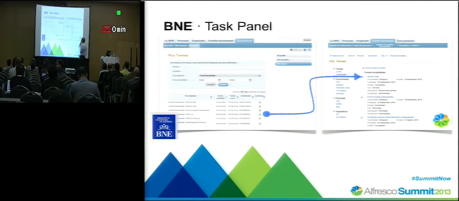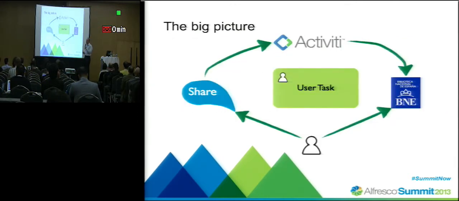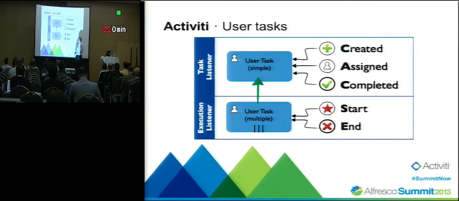This intranet has a task panel to manage the user tasks, and we inject the Alfresco tasks in this task manager. So the users can access these tasks through Alfresco Share or through the intranet. Both systems communicate using Activiti.